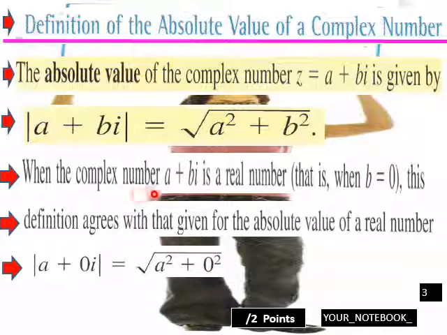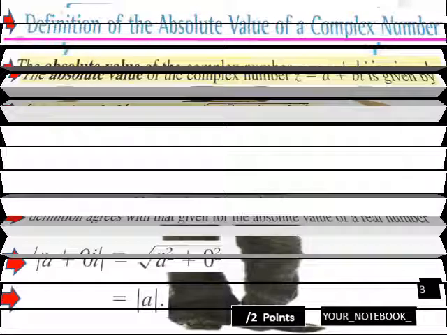So when b equals 0, you square your a, and then you take the square root of it, which would equal a. In this case, we have the absolute value of a.